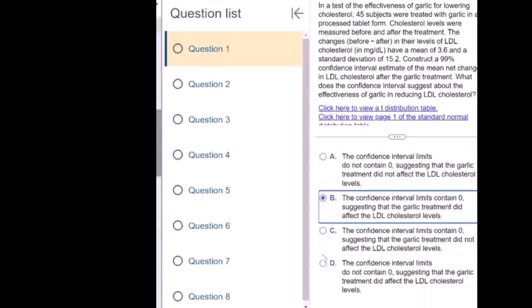Confidence interval limits contain 0, suggesting that the garlic treatment did not affect the LDL. We have this confidence interval, and inside that interval, there's a 0. Nothing may have changed at all. If we're saying that it's the before number minus the after number, and that becomes 0, well, then this didn't help at all.